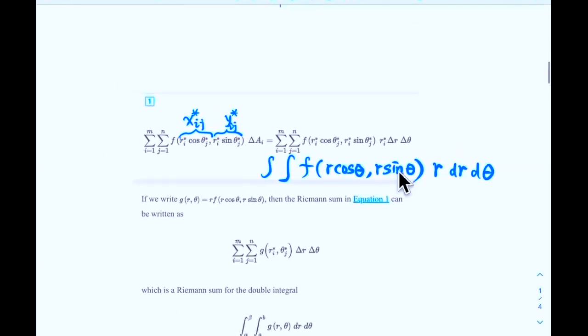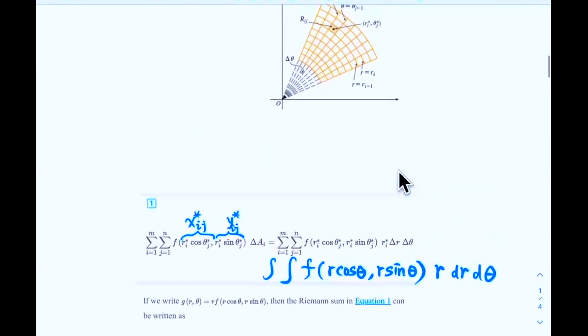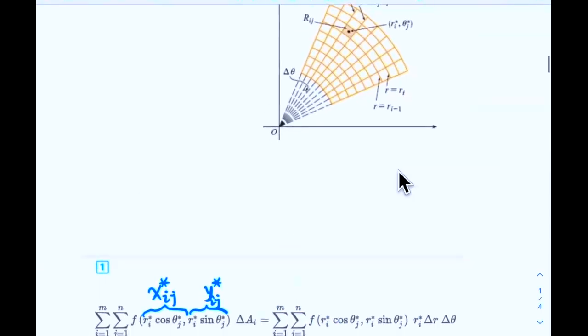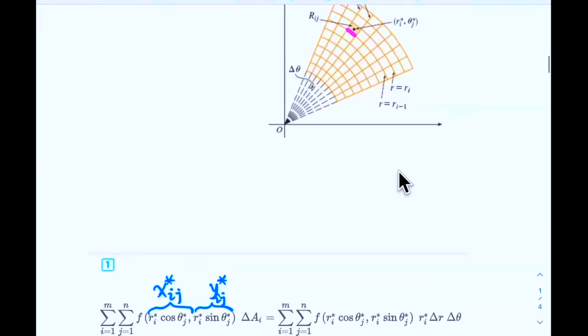Some people might ask, how come delta A i is equal to this? Now try to think this way. This r over here, in this case r i, times this angle that is facing it, which is the small delta theta.